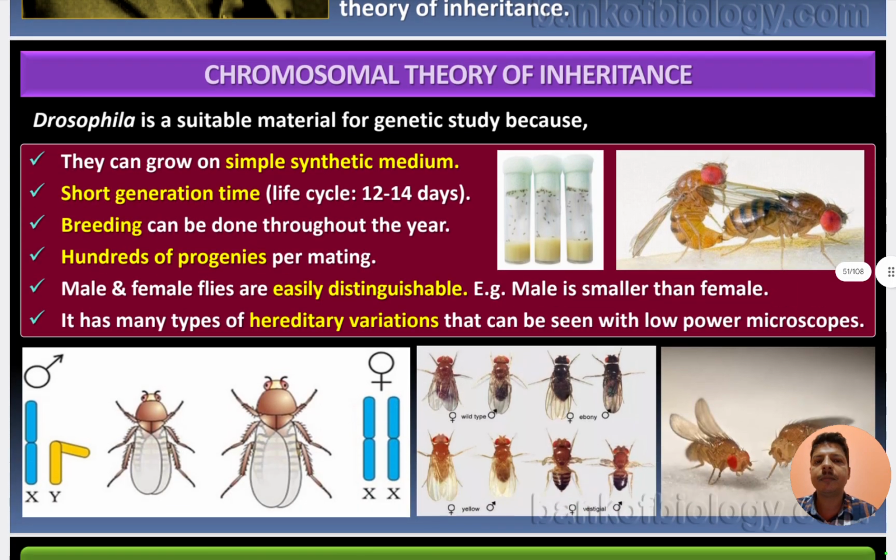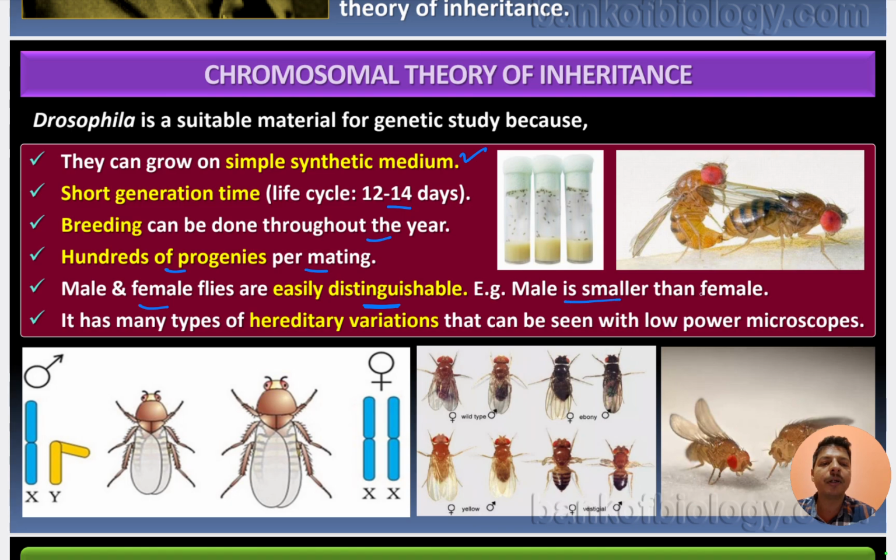Why did he choose Drosophila? Because they can grow on simple synthetic medium. Short generation time, life cycle is 12 to 14 days. Breeding can be done throughout the year. Hundreds of progenies per mating, and male and female flies are easily distinguishable.